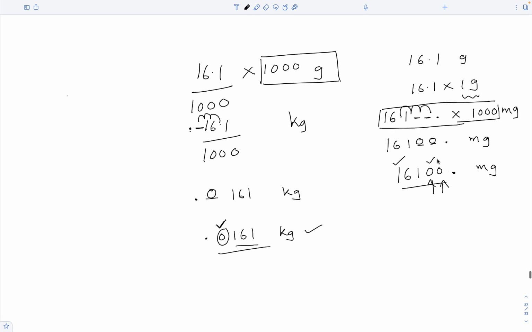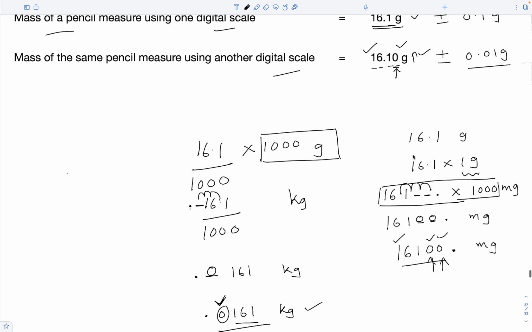So these zeros are placeholder zeros. They do not serve any other purpose. Therefore, these two zeros do not increase the precision of this measurement either.